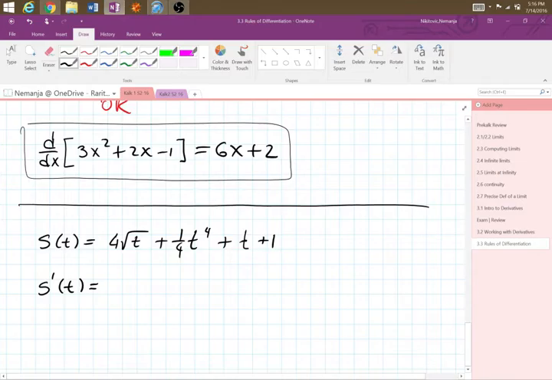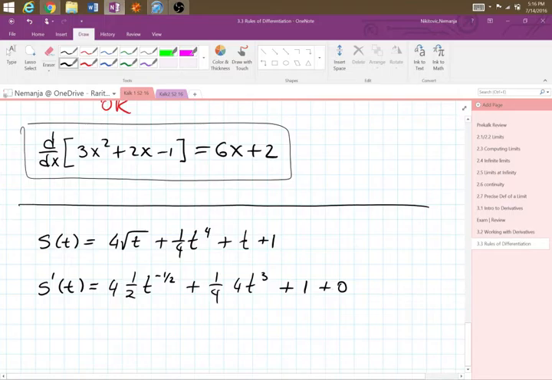All right, so we have 4 times 1/2 t to the negative 1/2 because square root of t is t to the 1/2. Plus we copy 1/4 and then we have 4t cubed and then plus 1 and then I'll say plus 0 because the derivative of plus 1 at the end is 0.